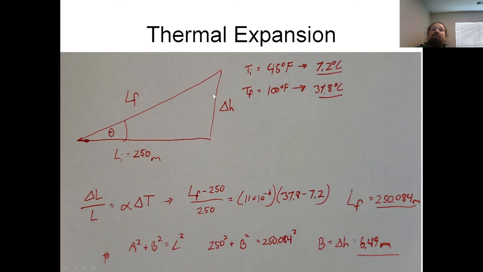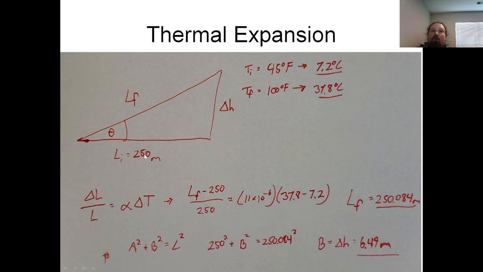And since we now know two sides of this right triangle and want the third, this is a right triangle. I forgot to draw the little box right here, but we do have a right triangle here. I'm going to recommend we use the good old-fashioned Pythagorean theorem, a squared plus b squared equals c squared. We could use other forms of trig, but we don't have a number for this angle yet, so this seems to me like the easiest next step.